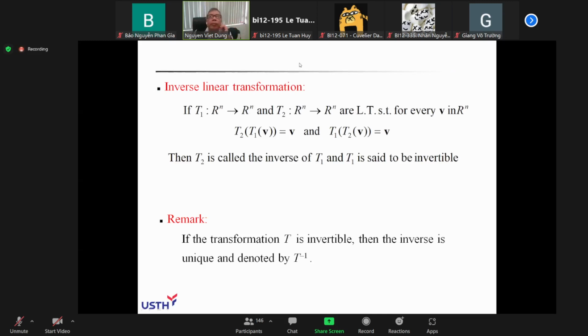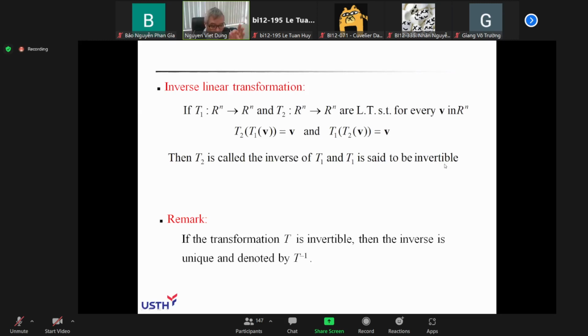If T1 and T2 satisfy two equalities like that for any vector v inside Rn, we say that T2 is the inverse of T1. And in that case, we say T1 is invertible.